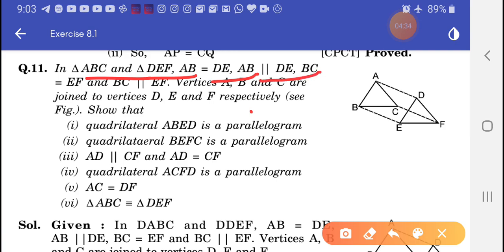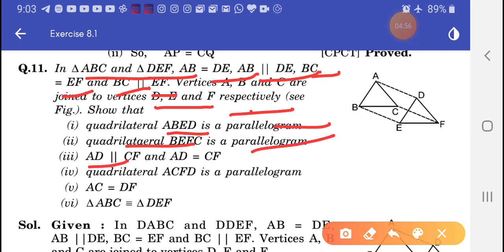AB parallel to DE, BC equal to EF and BC parallel to EF, vertices A, B, C are joined to vertices D, E, F respectively, so that quadrilateral ABED is a parallelogram and quadrilateral BEFC is a parallelogram, and AD parallel to CF and AD equal to CF.